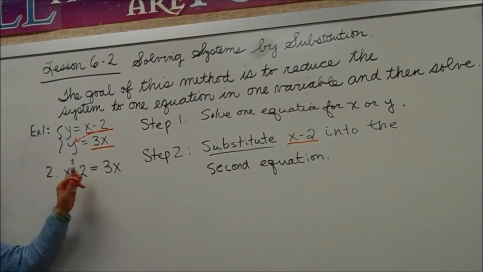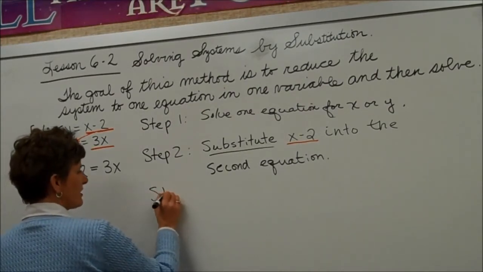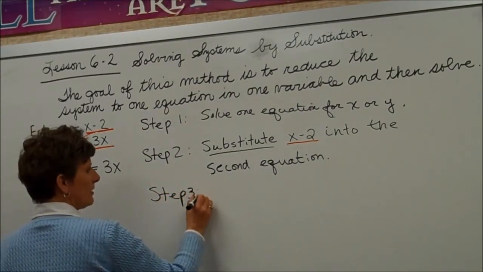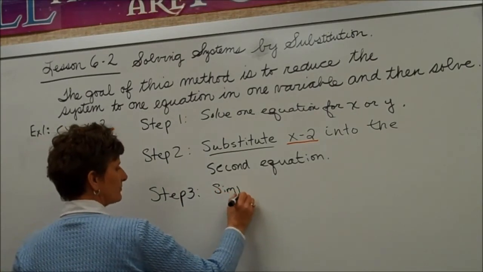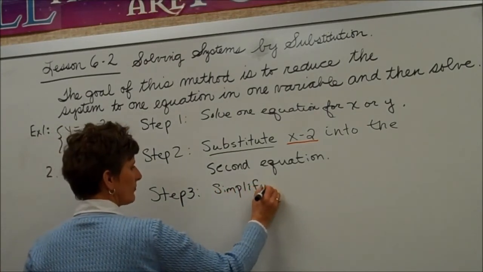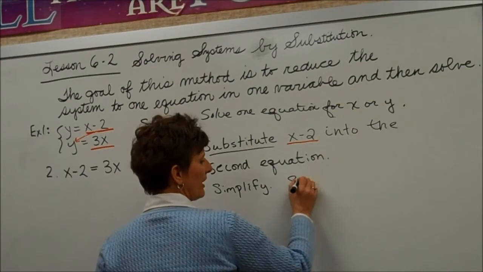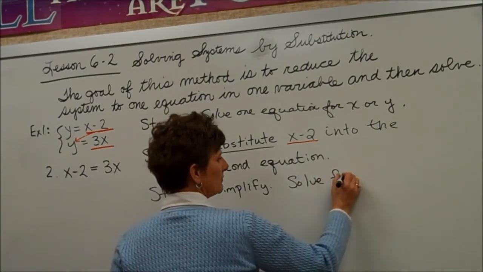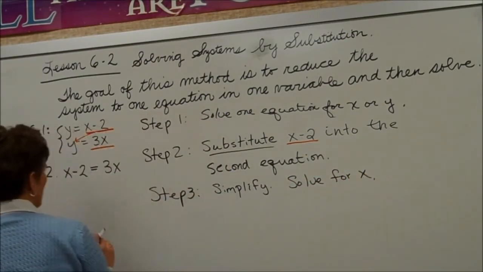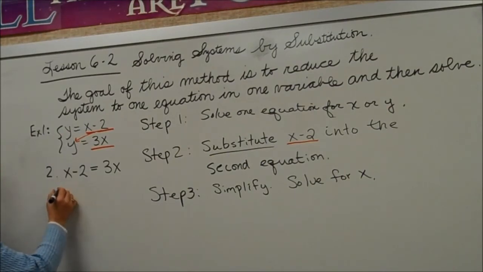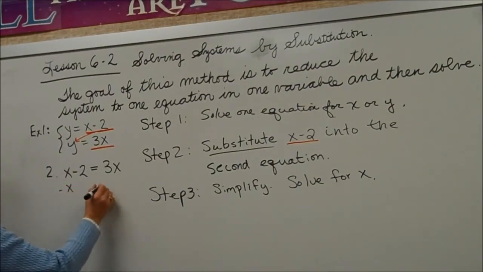Now that we have one equation with one variable, you can solve using the method you already know. So step 3 is to simplify and solve for x. Our first step is to subtract x from each side.